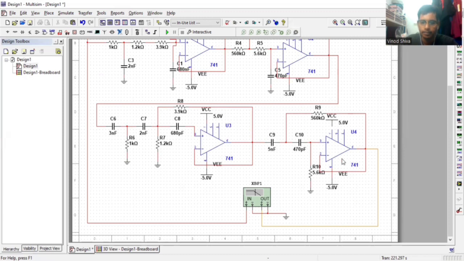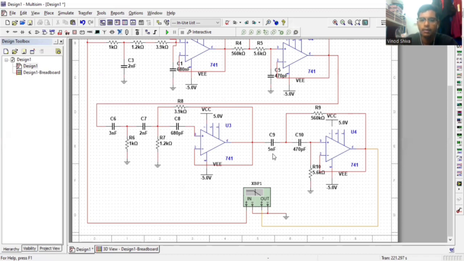Finally, the last section of the circuit consists of resistors R8, R9 560 kilo ohm, and capacitors C9 and C10.